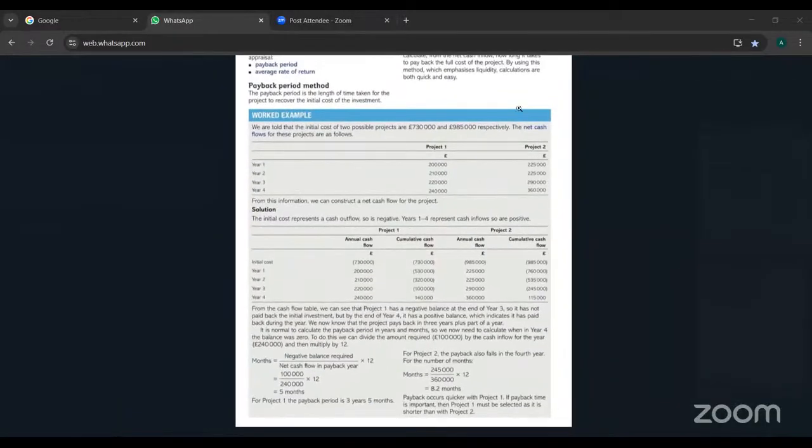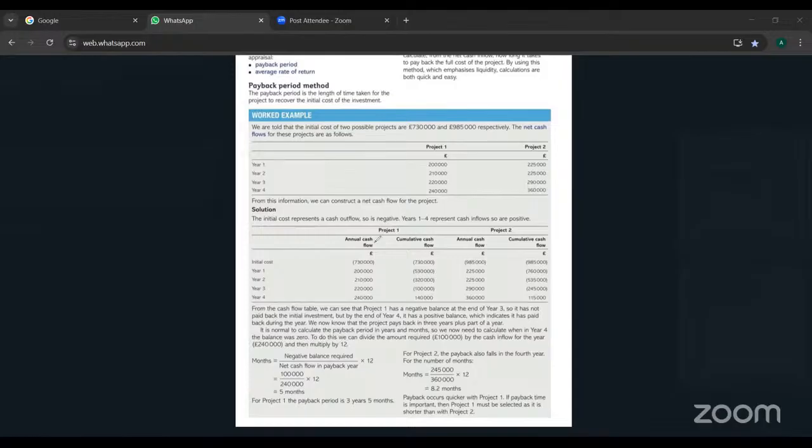So now they are giving, say, a company has year 1, 2, 3, 4.